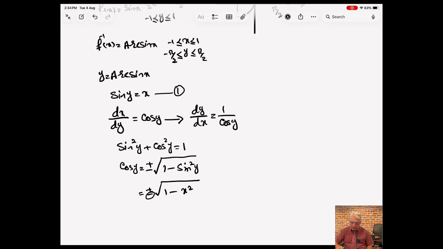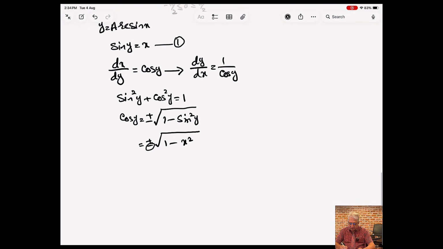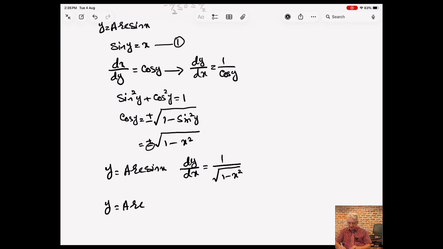Okay, therefore, now I have got the dy by dx. Now you can see if y is equal to arc sine x, then dy by dx is equal to 1 divided by square root of 1 minus x squared. Exactly the same method, you can go for y equal to arc cos x.